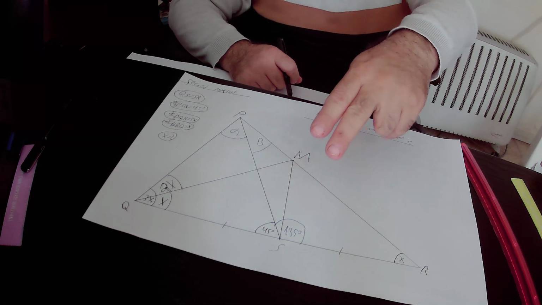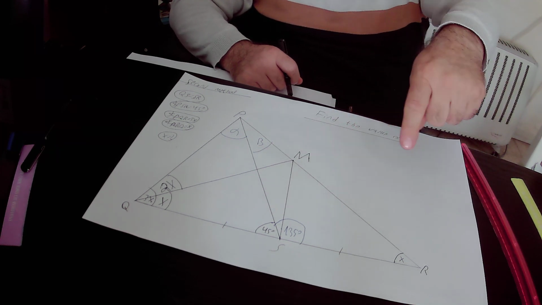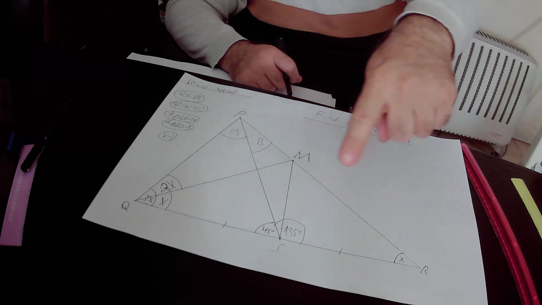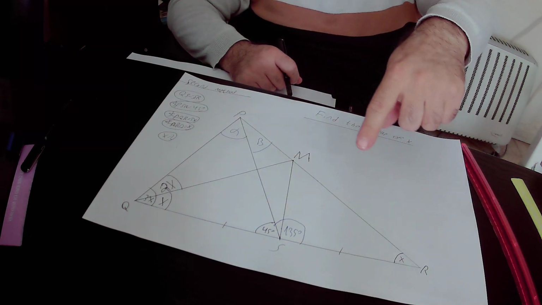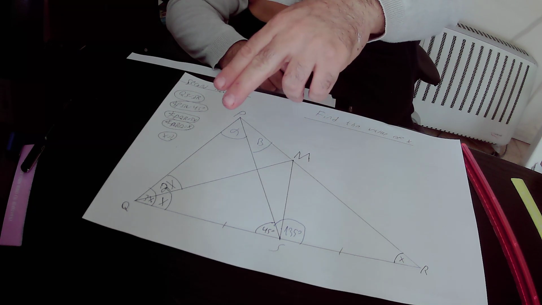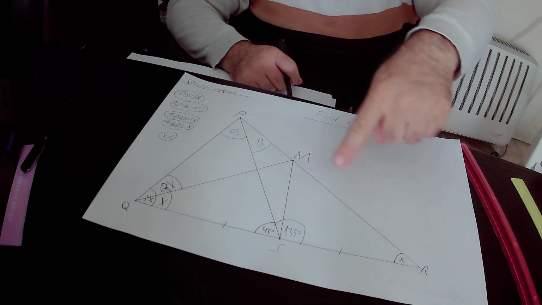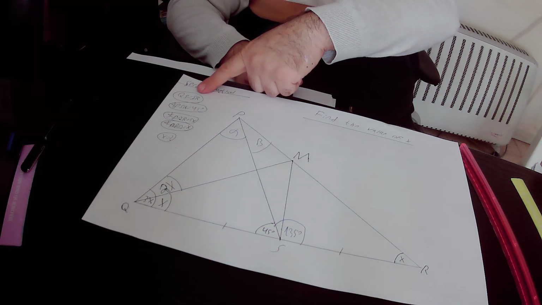MS is the median to the base QR because it bisects the base. QS equals SR, so the median MS bisects the base into two equal parts. QS equals SR according to what is given in the question.